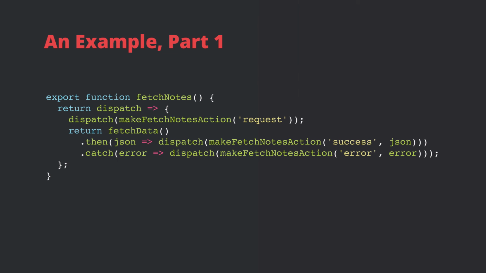This is ES6 code, and if you're not yet using ES6 widely, then I really would recommend doing this. Our fetch nodes action creator returns a function that takes a dispatch function as an argument, and this is the function we're going to need to actually send out actions. We're going to call fetch data, an asynchronous library in this case that makes the actual requests.